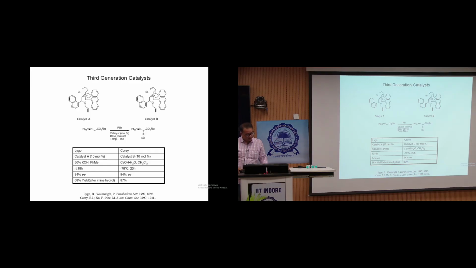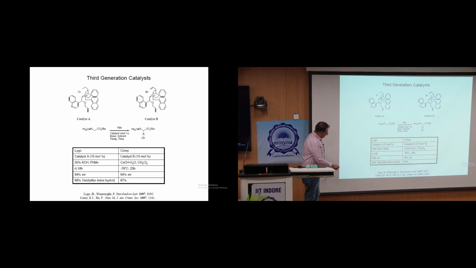and this is the report of what he shows. The same transformation, you see the transformation, you have the imine, you have an alkyl bromide, and you have the catalyst. In one case the catalyst A, they use 10 mole percent, and the other case is the catalyst B, they use the same 10 mole percent, 50% potassium hydroxide, toluene, cesium hydroxide, and DCM.